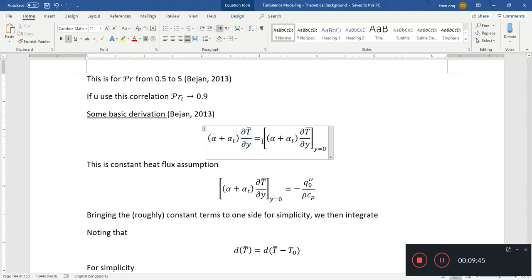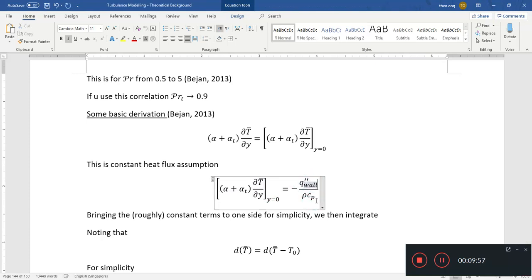You add them together, and it is the same as the heat flux at the wall. And the heat flux at the wall is equal to this, Q wall, you can use Q0, over rho Cp. Of course, alpha turbulence here is 0 at the wall because there's no turbulence at the wall.